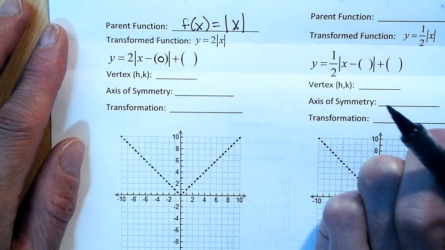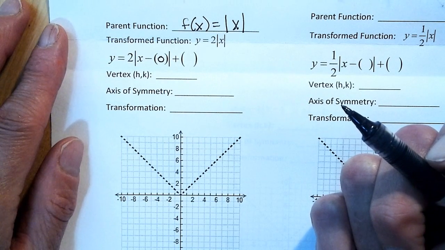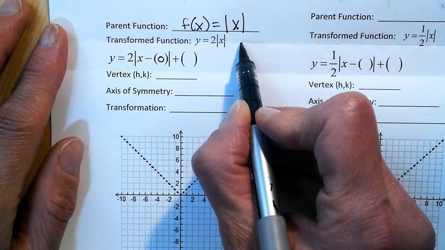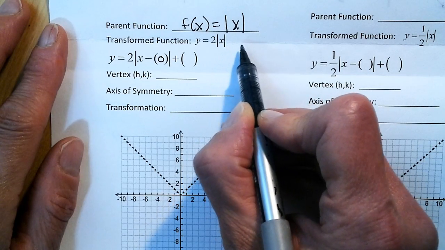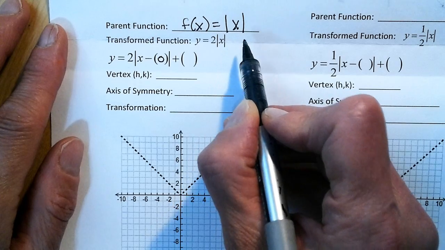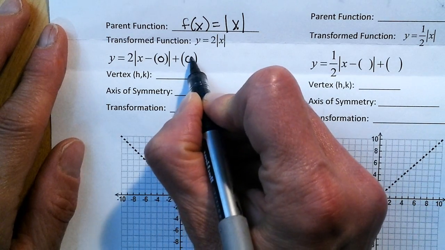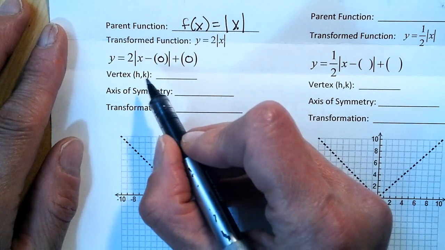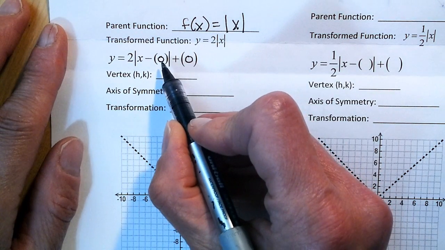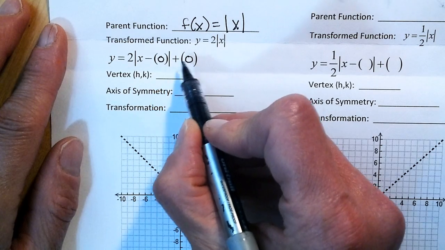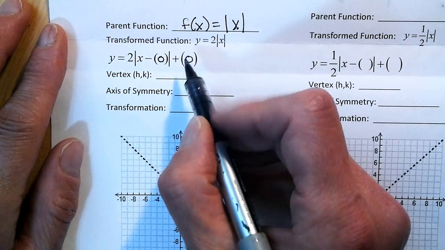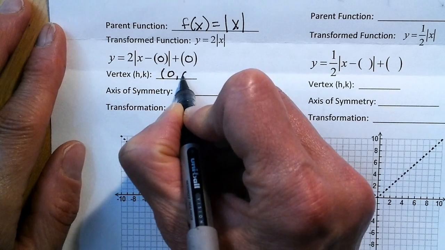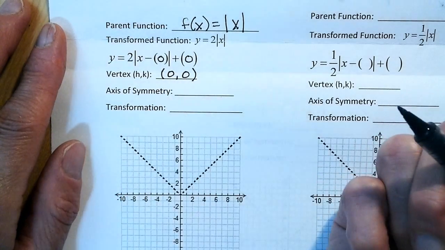Nothing is happening on the inside to the x. Is anything being added or subtracted to the absolute value here? The answer is no. So now I can get my vertex. Remember, this is my HK, also my XY. It's a special XY called HK, but my vertex is 0, 0.